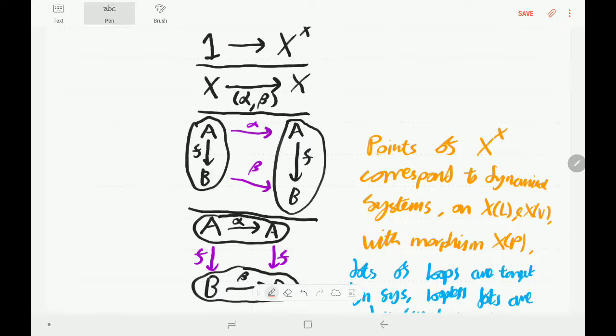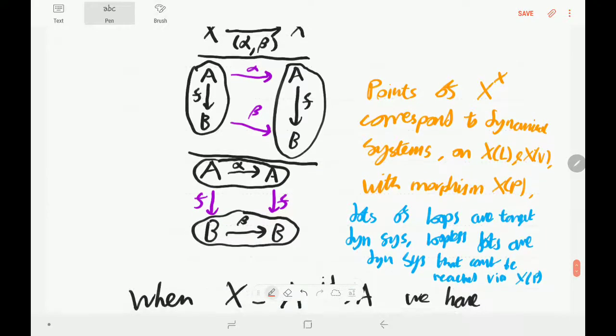Are they? No, not like this. It just looks like a morphism. Well, it's an endomorphism of X, okay? But you can interpret it using a switch as a morphism of dynamical systems.